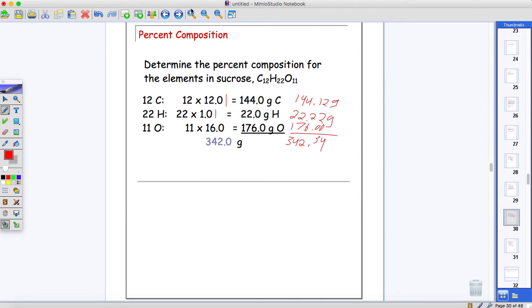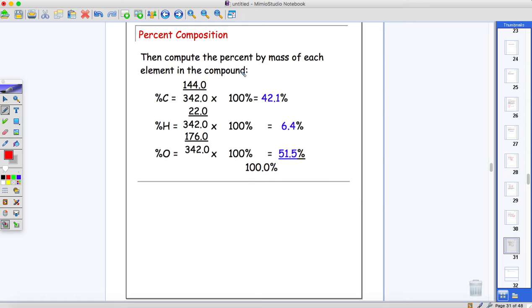So when we do our calculations, I'm going to take 144.12 divided by, in my case, 342.34, and I get 42.1%, which still is the same at the end. 22.22 divided by that is 6.49%.